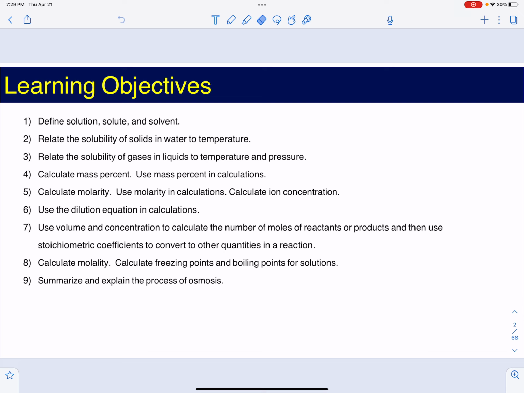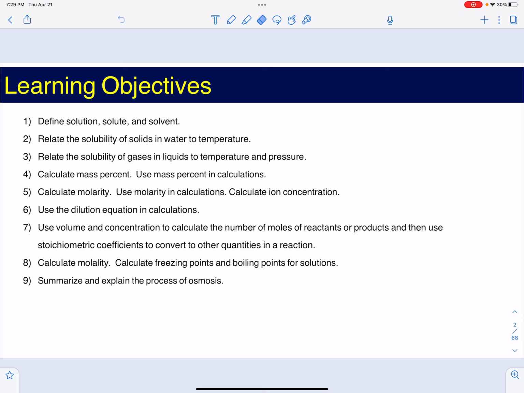Then we're going to put everything into numbers by learning how to do mass percent calculations and using mass percent, which is going to be also another conversion factor to do problems with. The same way we're going to use molarity, and molarity is moles over liters, and it's going to be another conversion factor, and we're going to use it to make calculations.